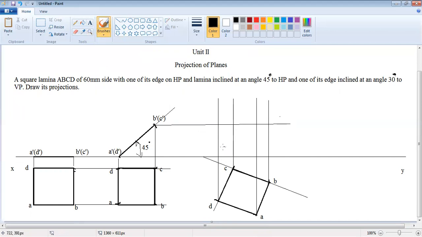This one is D, and this is C, and this is here and this is here.